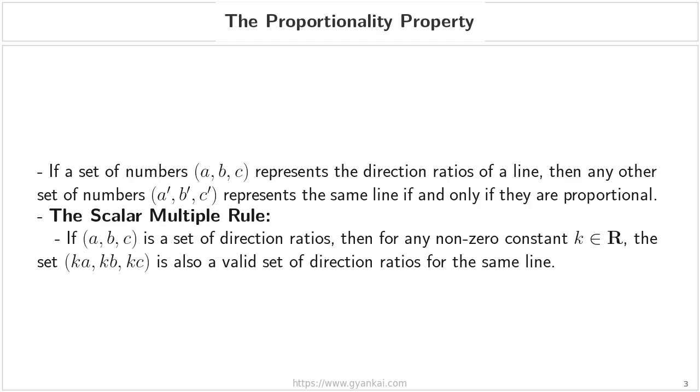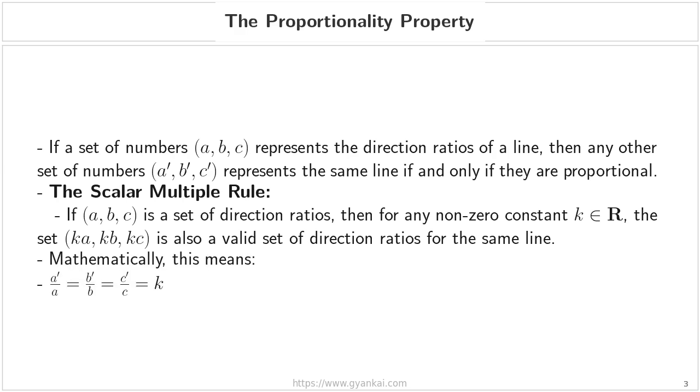To make this more concrete, we use what I call the scalar multiple rule. This rule states that if a, b, and c is your original set of direction ratios, you can pick any non-zero real number, which we'll call k, and multiply your entire set by it. The new set, which would be k times a, k times b, and k times c, is also a perfectly valid set of direction ratios for that same line.